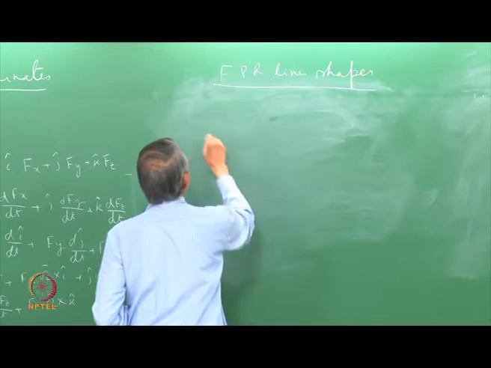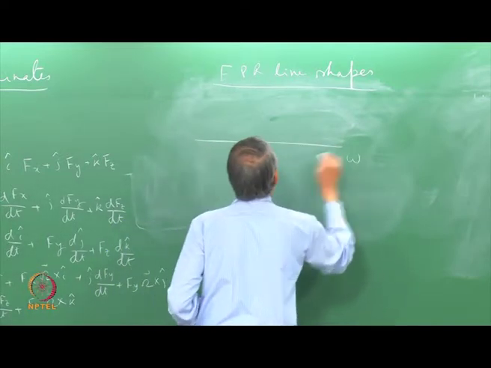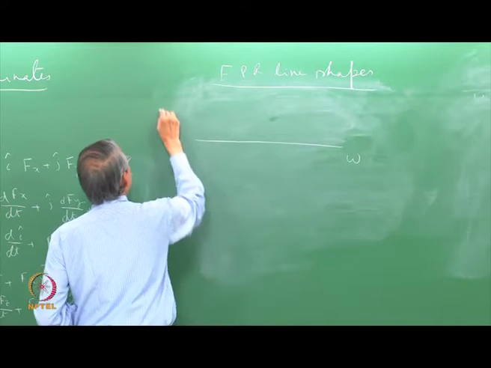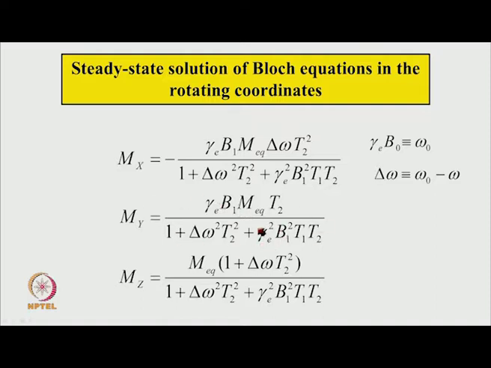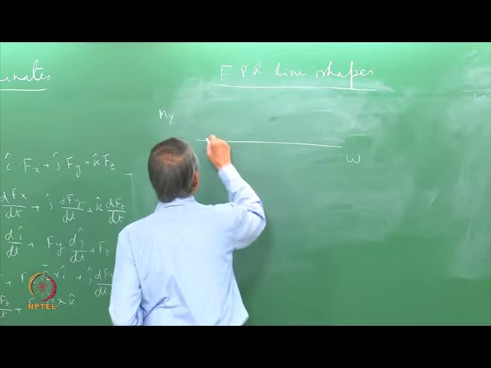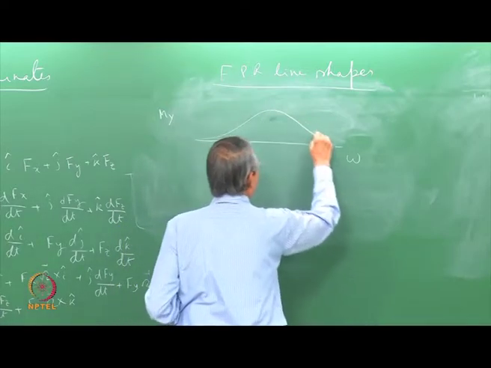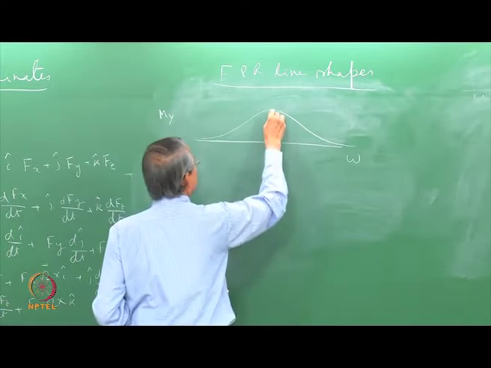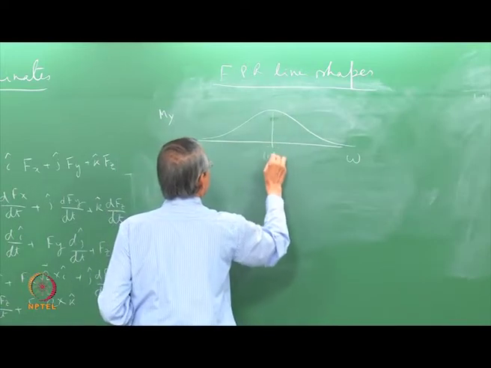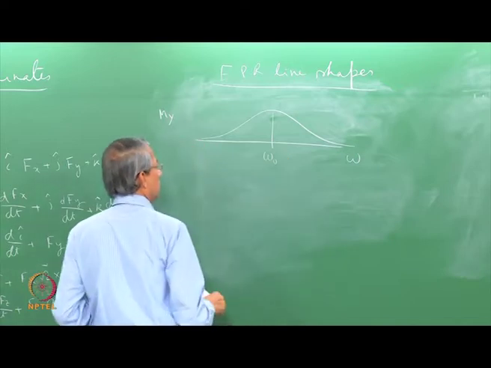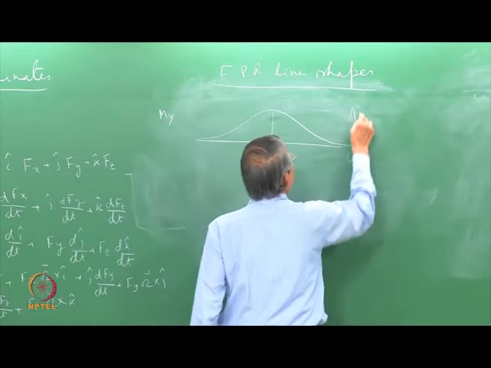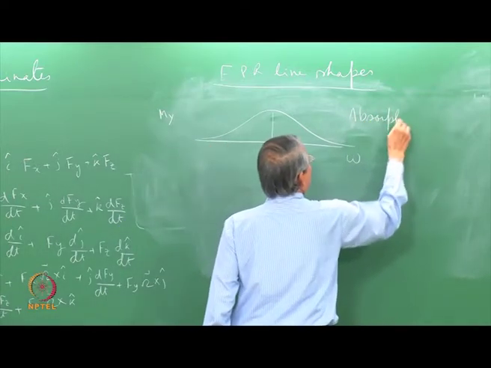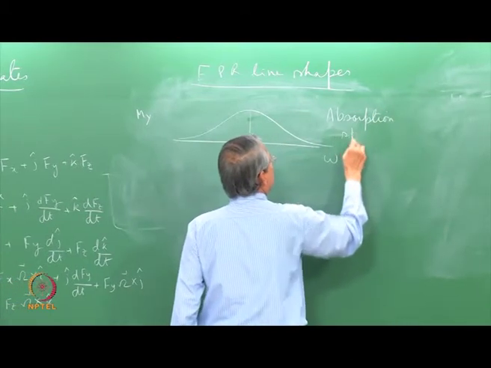So, if we plot My as a function of omega, what we are plotting is this function, the My in the rotating coordinate system. This will look like this, where this peak corresponds to omega 0. This is called the absorption profile or absorption spectrum.